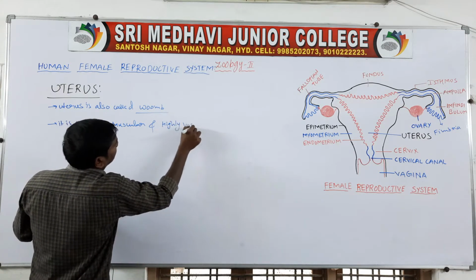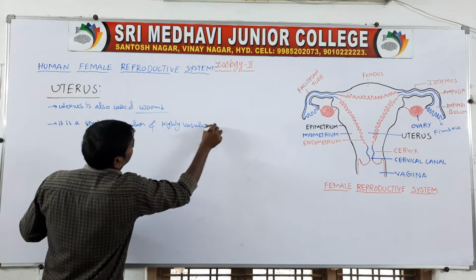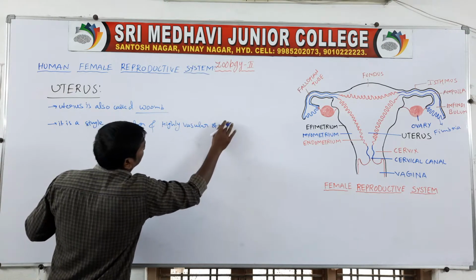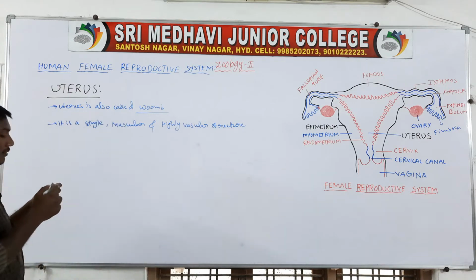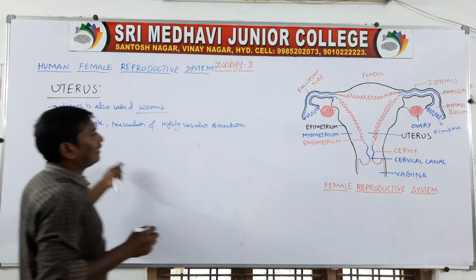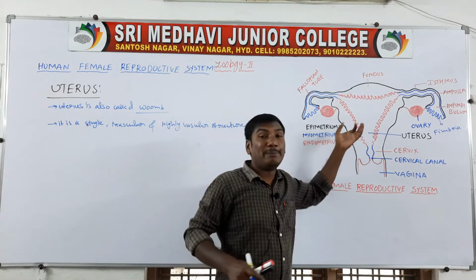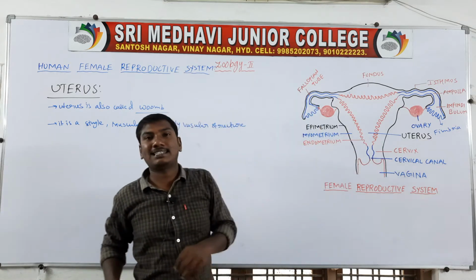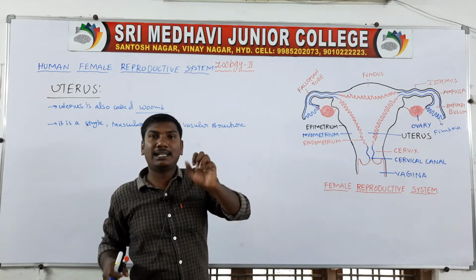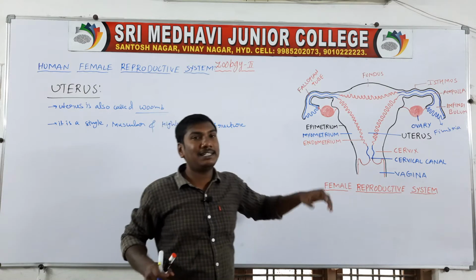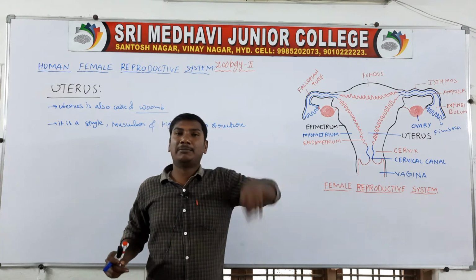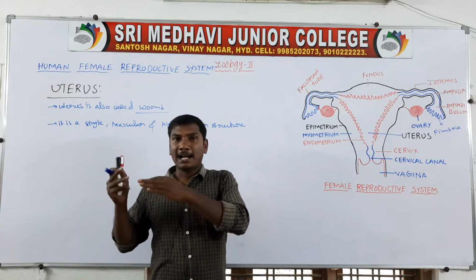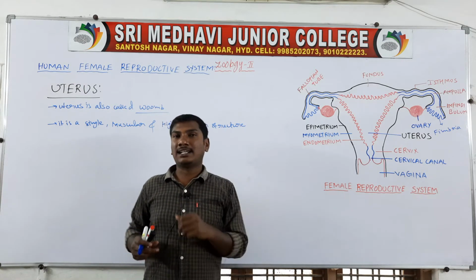Muscular means it contains muscles. Highly vascular means it has many blood vessels. So the uterus is a single muscular and highly vascular structure.